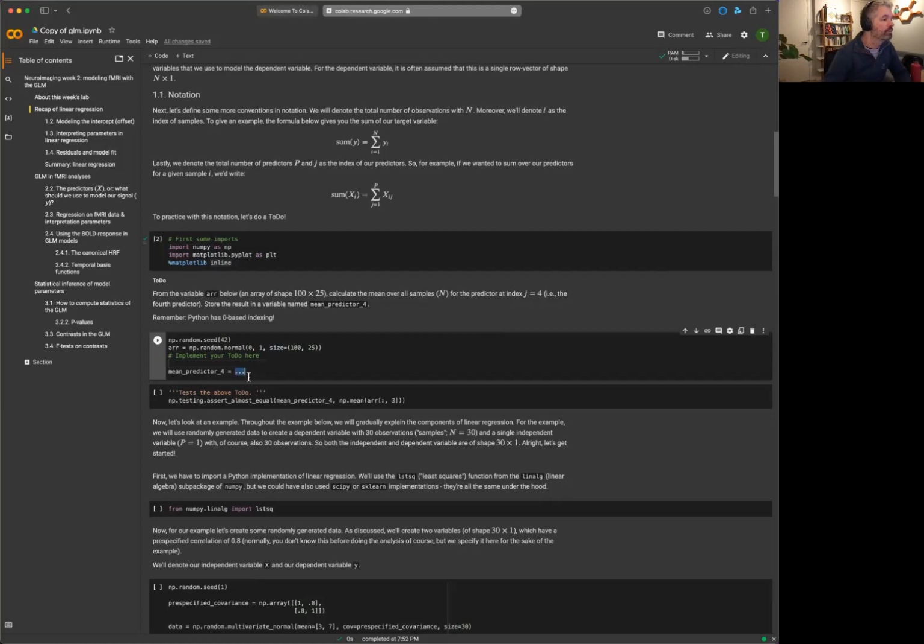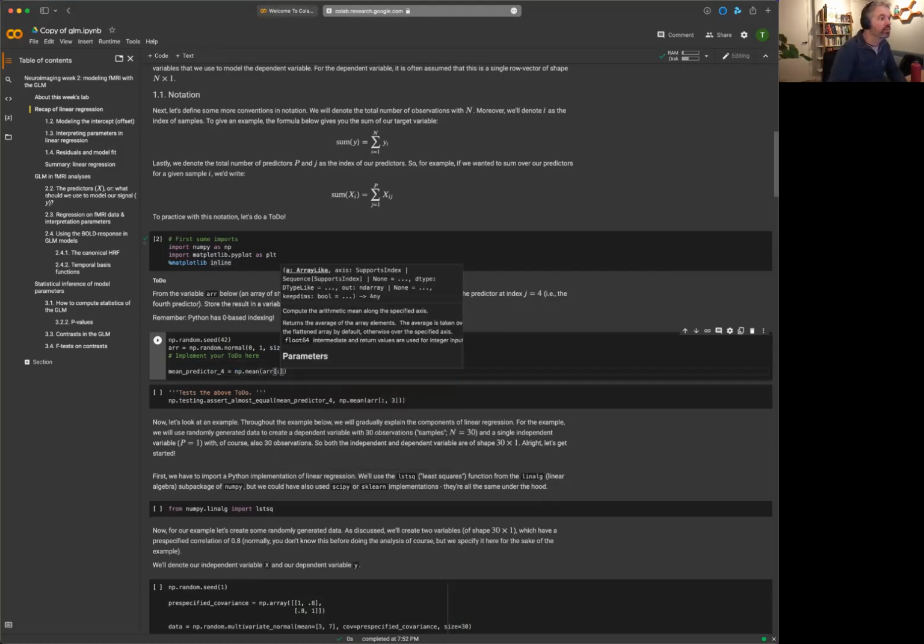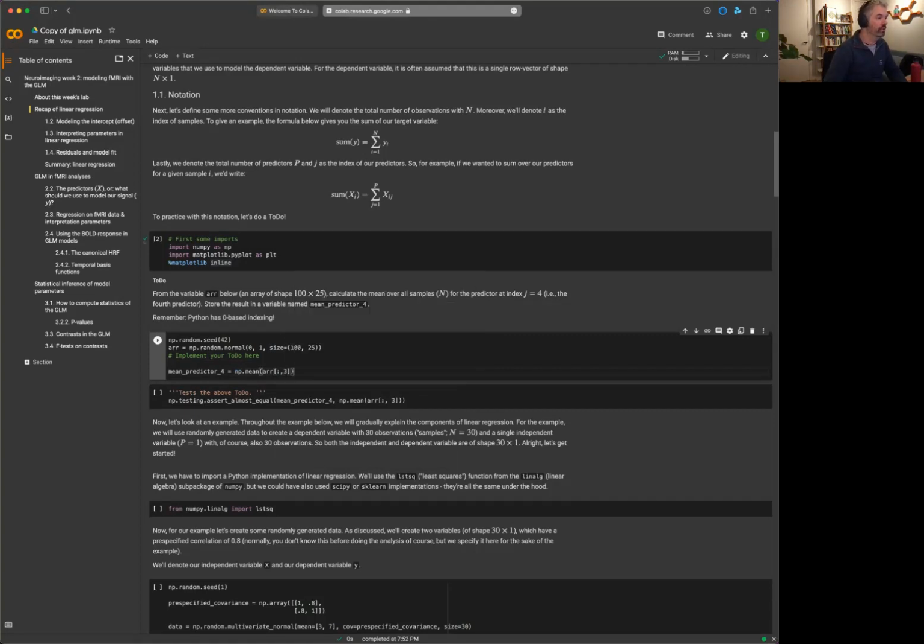Most of this is already pretty clear, so usually the answer is given in the assert almost equal thing below. There's an array called R, and we're going to take the mean over the fourth item here. And of course, once you've done this, that means that the test is passed.